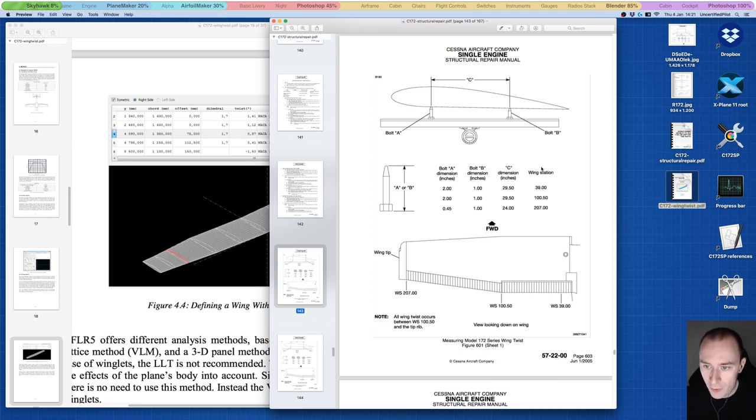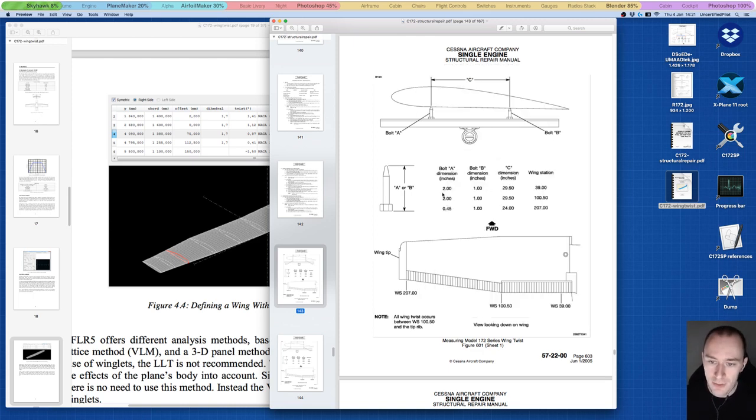And referring to these wing stations here, the height of the bolt differs. So bolt A at the first station and the second station is 2 inches tall. For bolt B at the back here, for those 2 stations, it's the same. It's also 1 and 1. And C, that's the distance between the bolts, is also constant at 29.5.